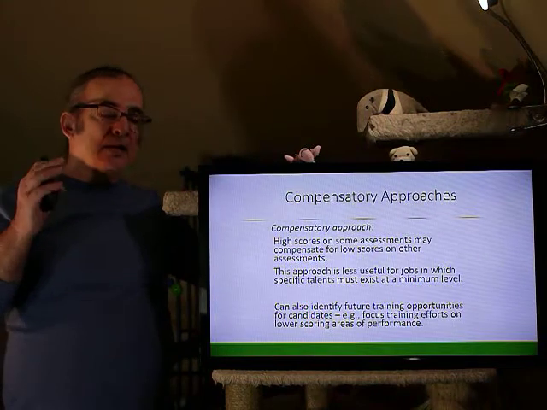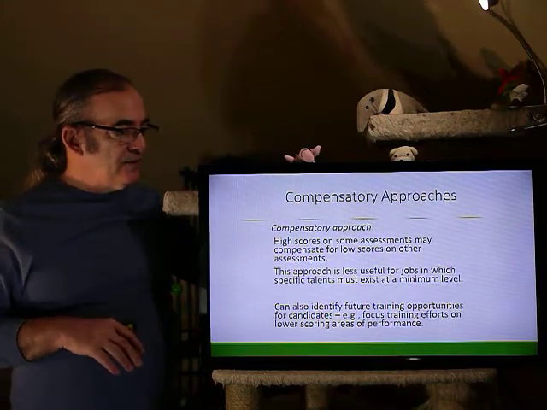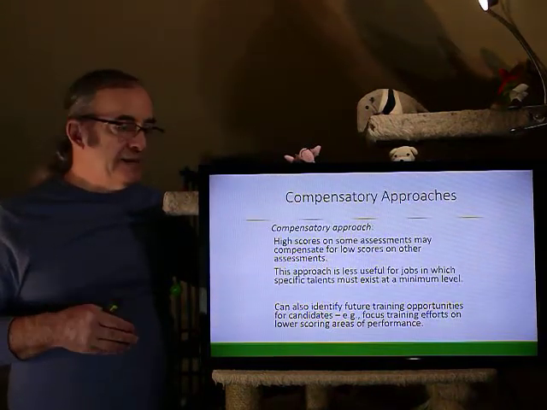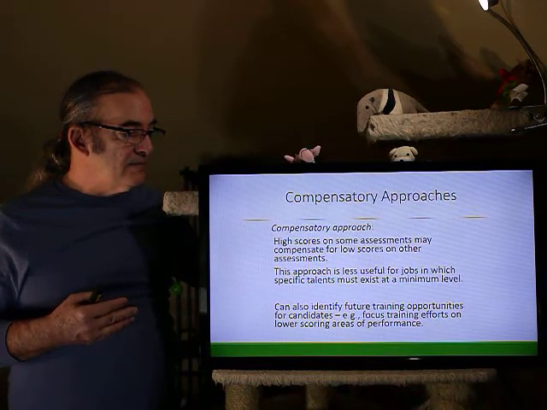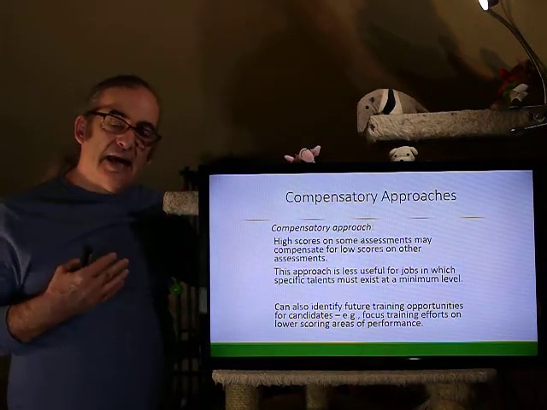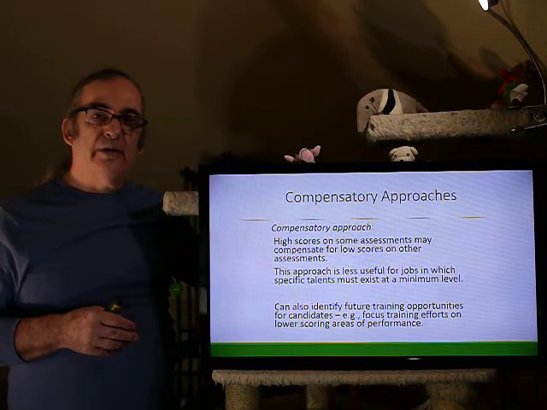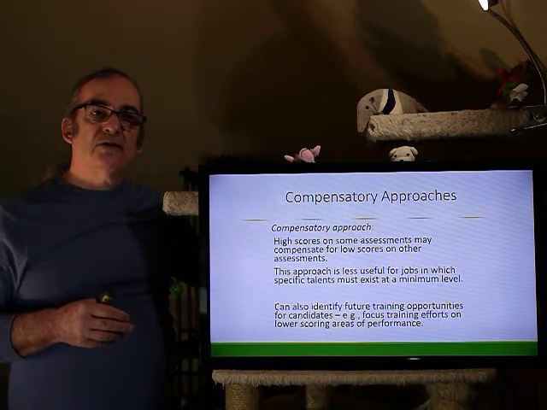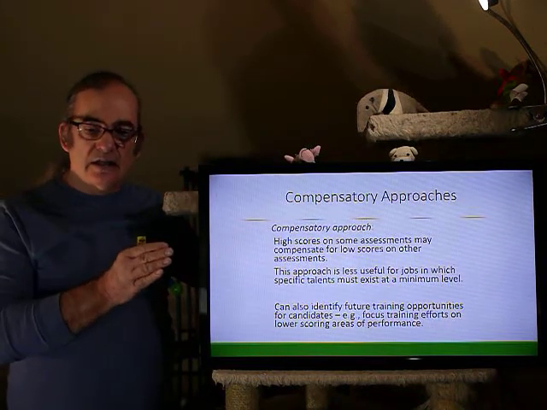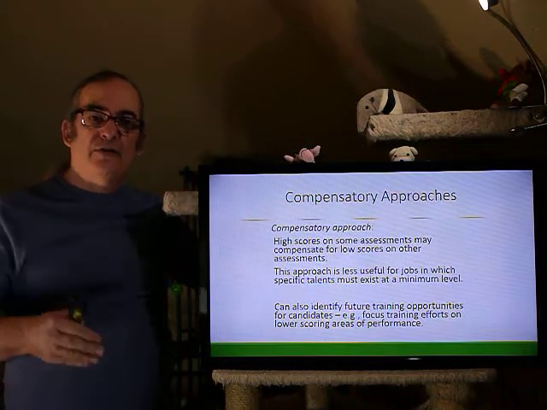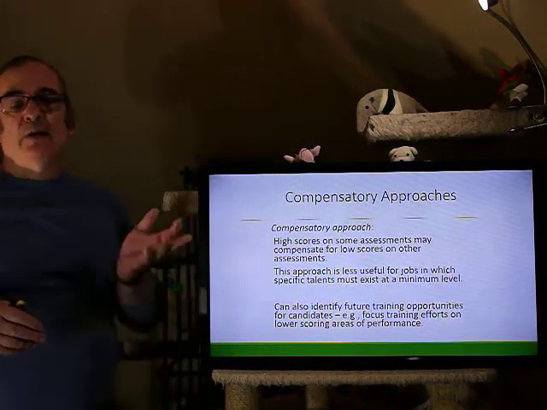Now, compensatory approaches, on the other hand, allow for people maybe to score high on some assessments and have that compensate for a lower score on other assessments. So this is more strictly a single equation that combines all the assessments, and I might be weak in one area, right?